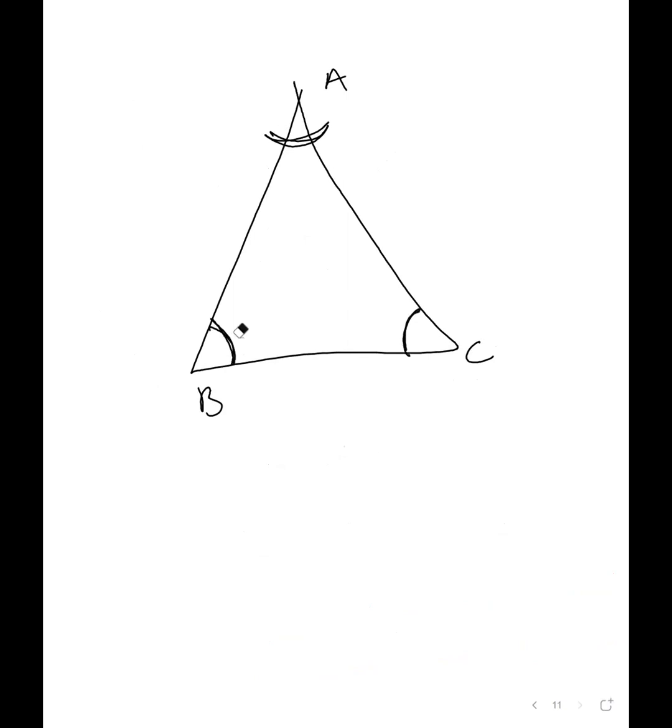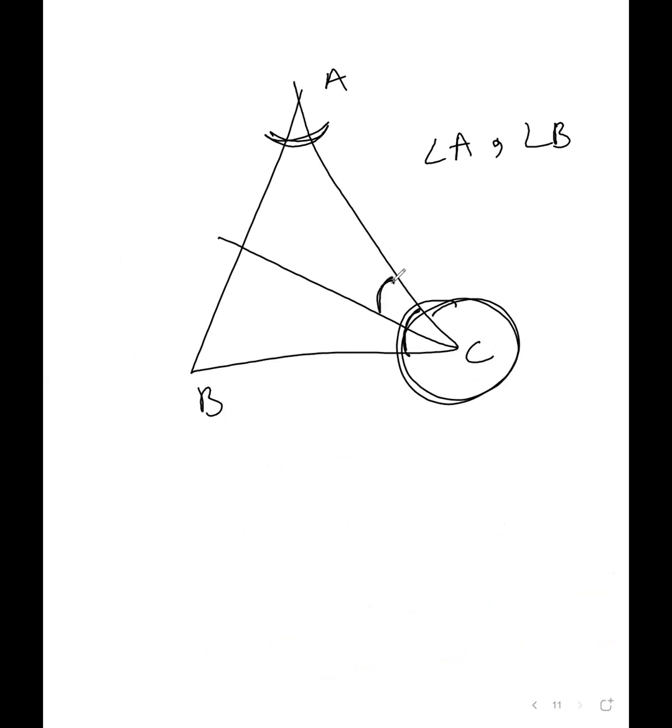But if you have a line segment going from here, then you can't say angle C. You can say angle A, angle B, and whatever this angle is, the full name. Why do we have to say angle A and not angle ABC?